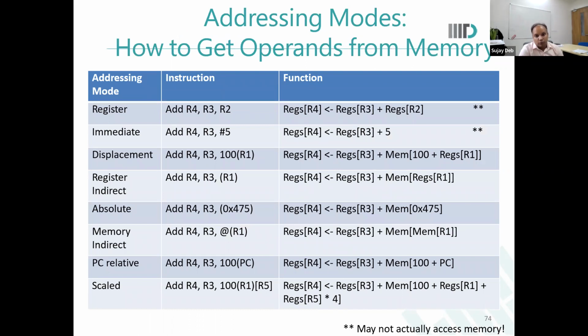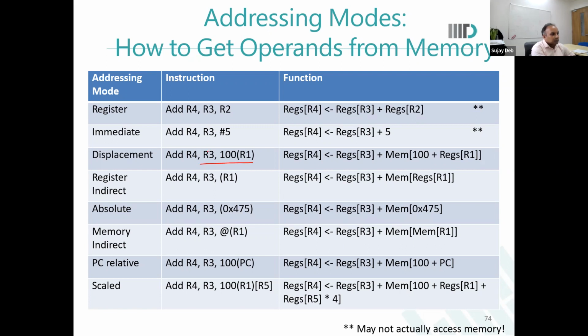The addressing mode: how do you specify your different addresses? The different addressing modes are listed here, but the most commonly used is the displacement kind of addressing mode, where basically you mention your address as a base plus offset.